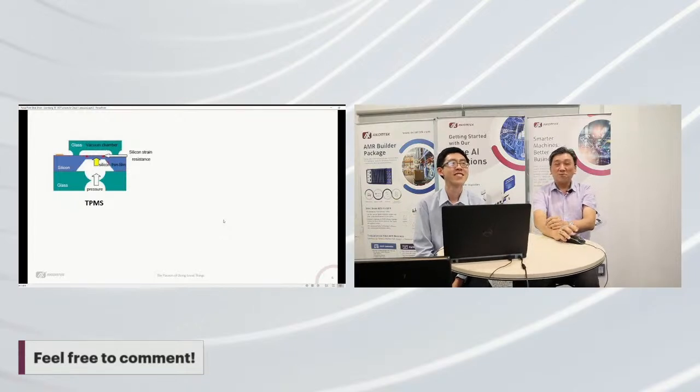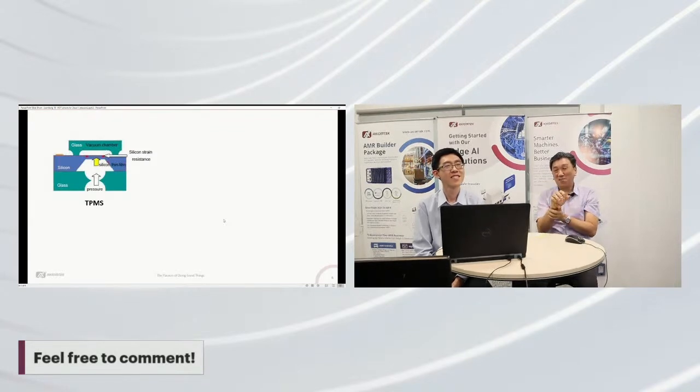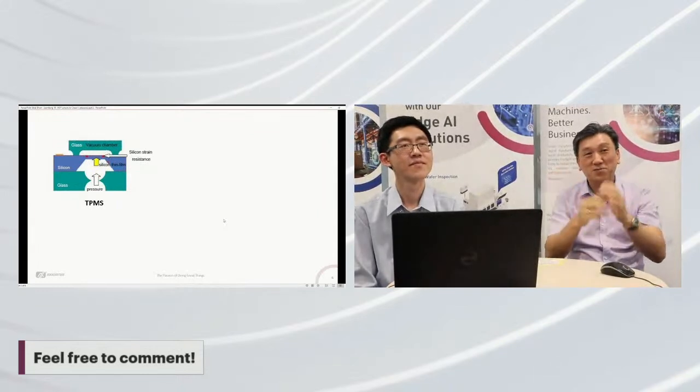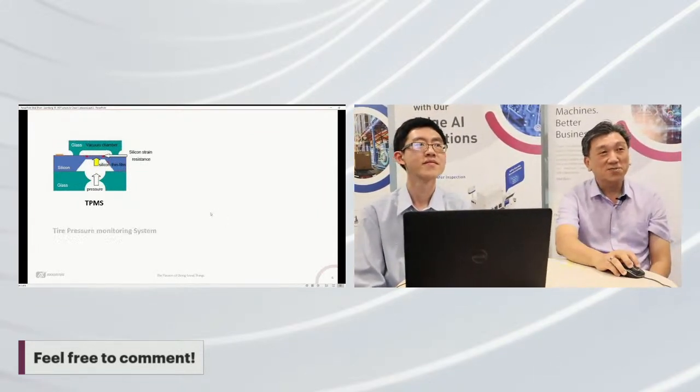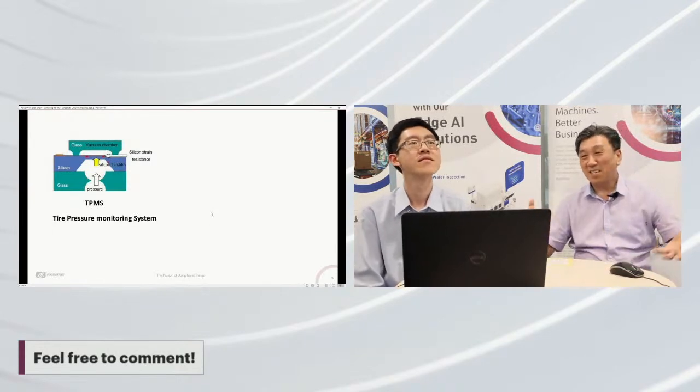This is also very interesting physics theory where you use strain and also piezoelectric, depending on what kind of thing you are measuring. In the tire, you have this so-called tire monitoring system.